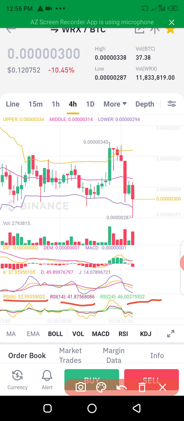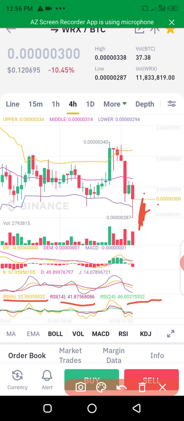So when you see this Bollinger Band, as this candlestick is coming down, when it leaves the Bollinger Band and it is making the lowest price, as you can see here, and if the relative strength index is below 30, you know the market is oversold, you will be buying.